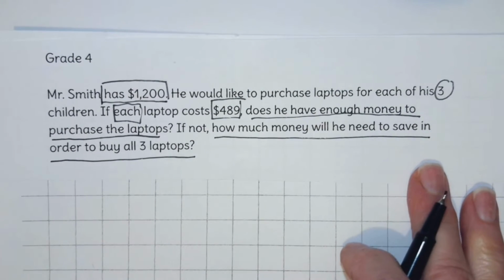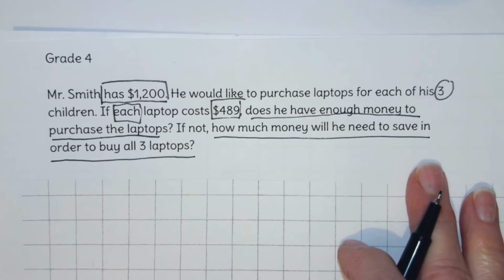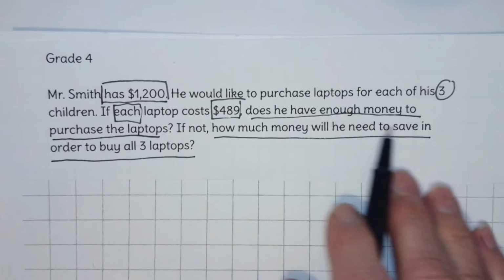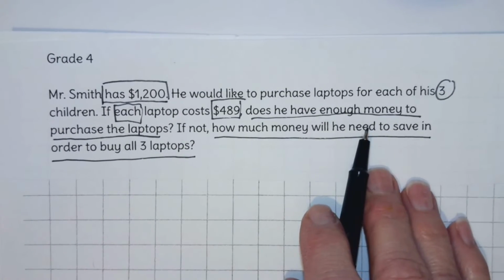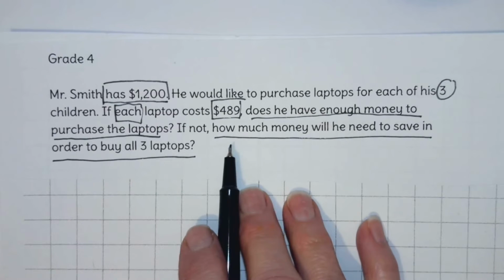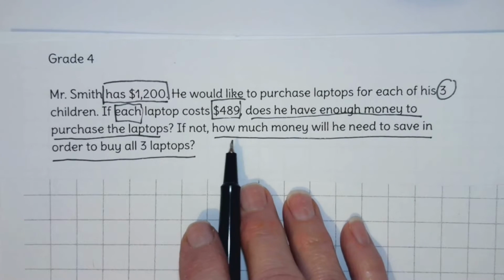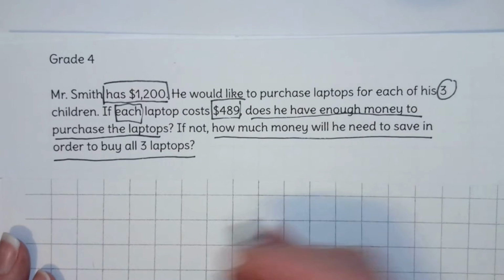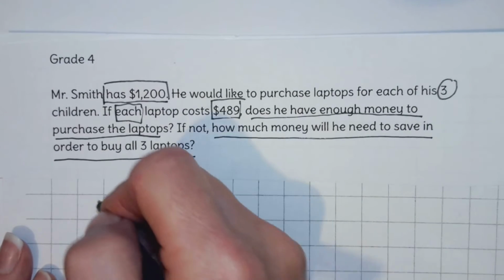Okay. So when I write my answer statement, I am going to write it answering the first question, because I'm not sure if I'm going to have to answer this question yet. I have to figure out if he has enough money. So does he have enough money to purchase the laptops?